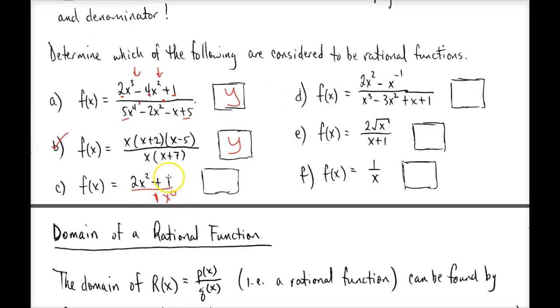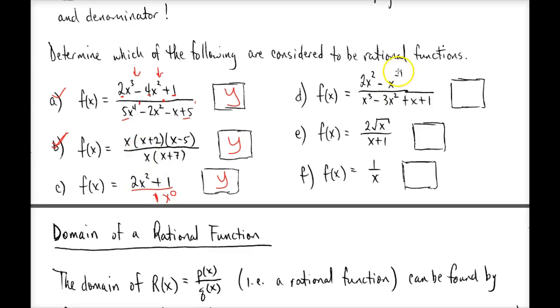And so from this, what we realize is that every polynomial is also a rational function, but not every rational function, like this example and this example, is necessarily a polynomial, okay? So for here, this is a rational function, okay?